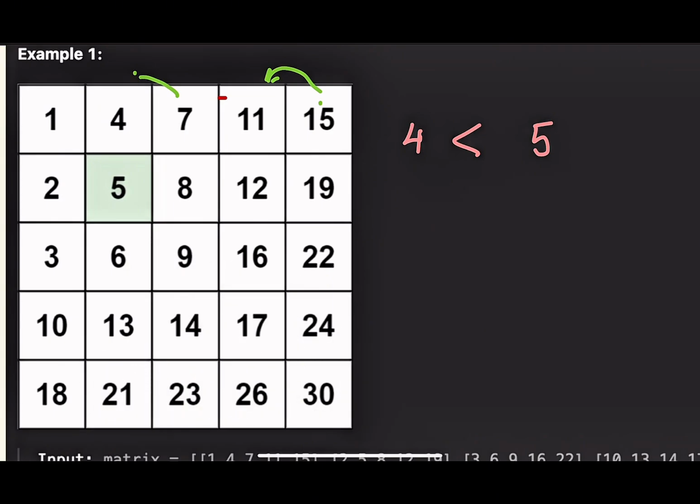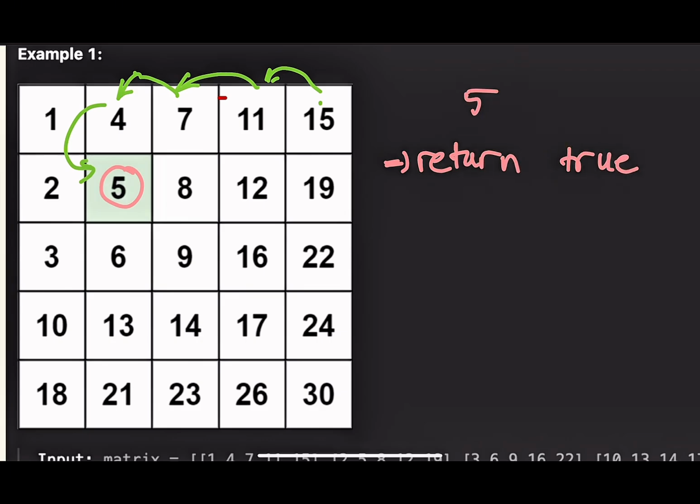So we jump from 11 to 7, and 7 to here, and then we jump from 4 to 5. And here's the special part. Because 5 is also the target value, you guys gonna return true, since 5 is equal to 5.